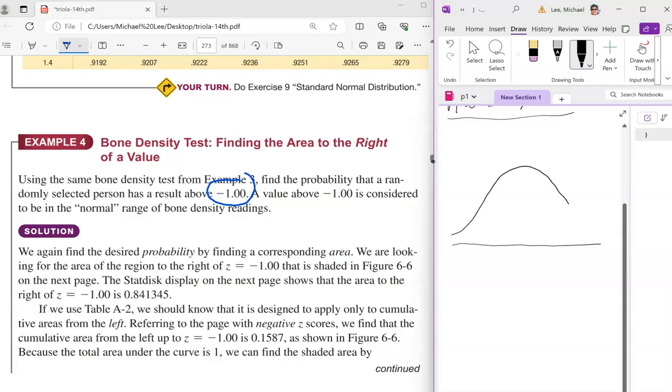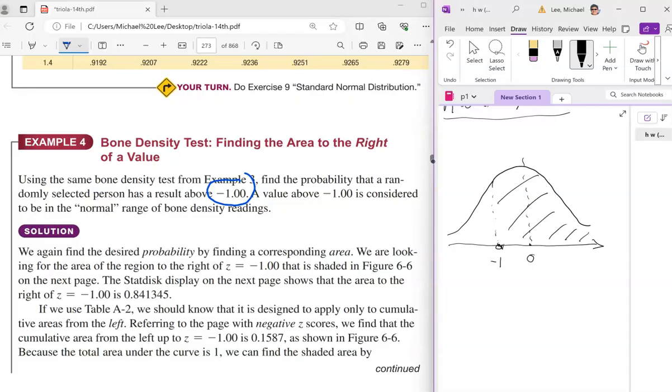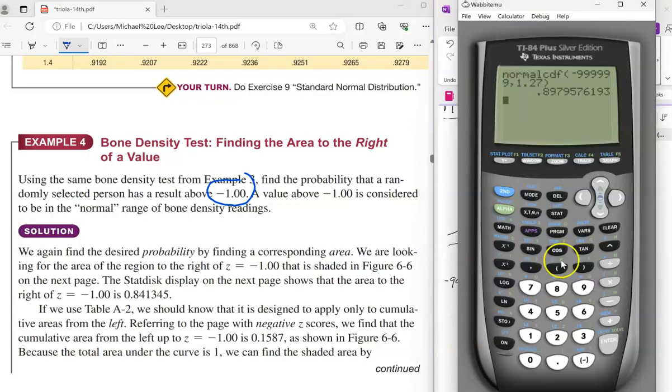So, like a normal distribution, in the middle is 0, so -1 should be on the left. So they want you to find above -1, all the way to the right. Remember, all the way to the left was -999,999, so all the way to the right is +999,999. Okay? So we like to find this area. So get the calculator out.